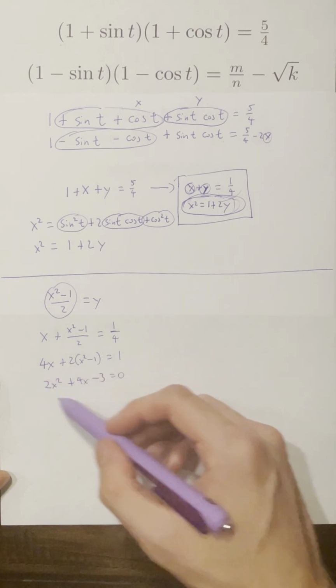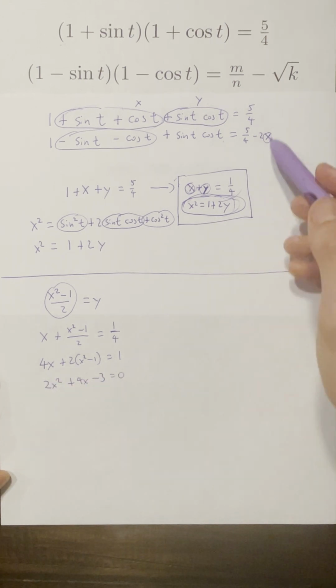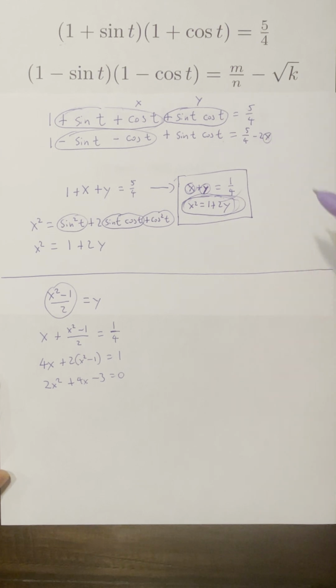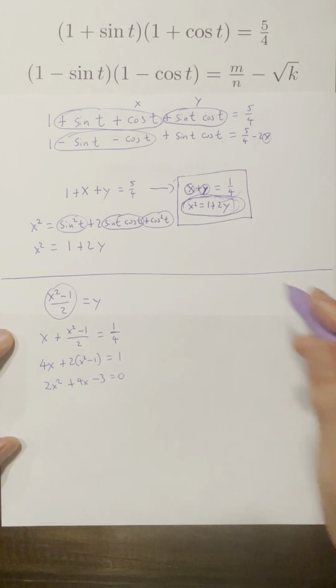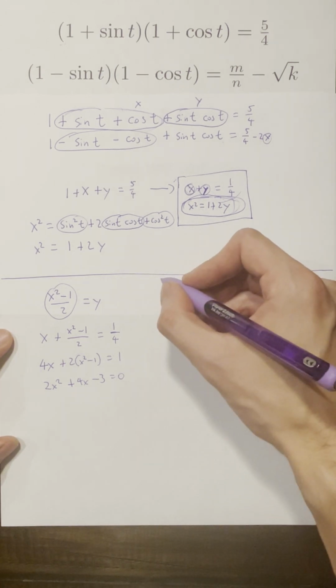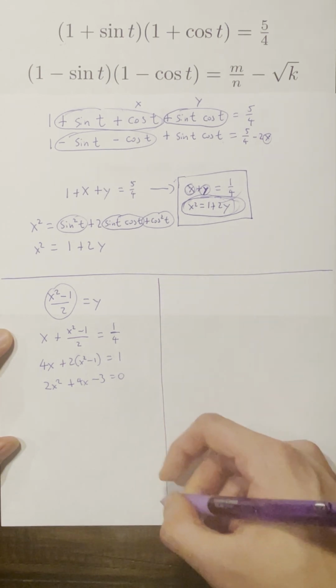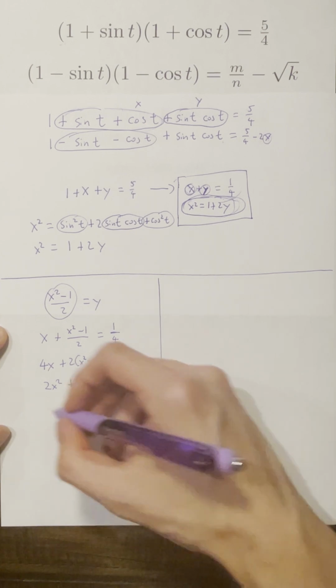So we can solve this quadratic, get x, plug it into here, and then get our answer. So how do we solve this quadratic? We can use the quadratic formula.